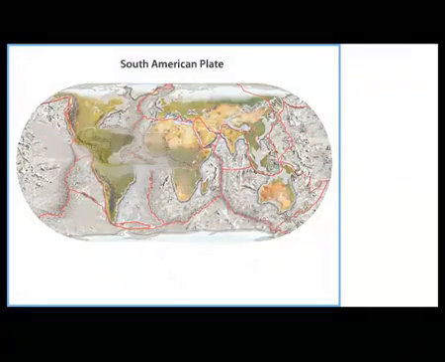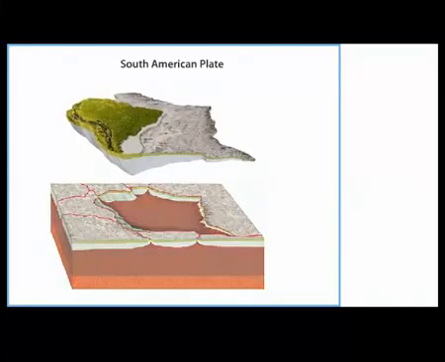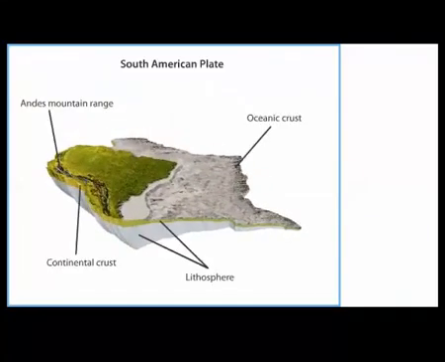Tectonic plates are pieces of the lithosphere that move around on top of the asthenosphere. Compare the thickness of the South American plate below the Andes mountain range to the plate below the oceanic crust. Mountain ranges that occur in continental crust have very deep roots relative to their height.